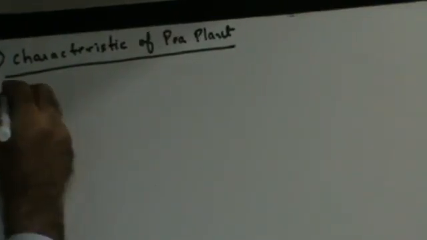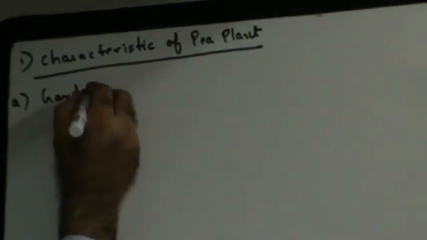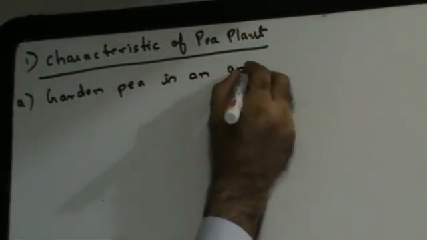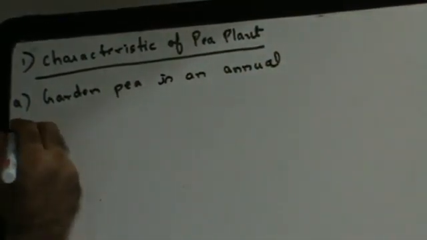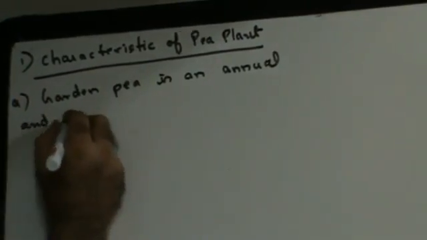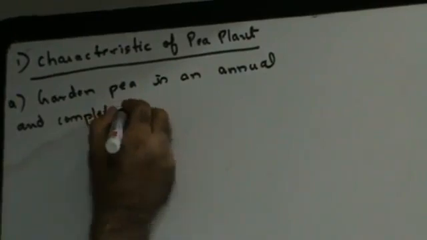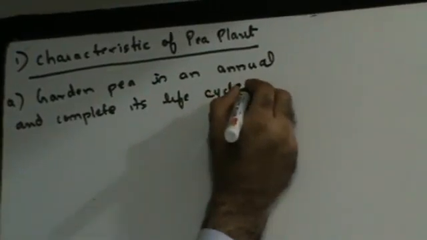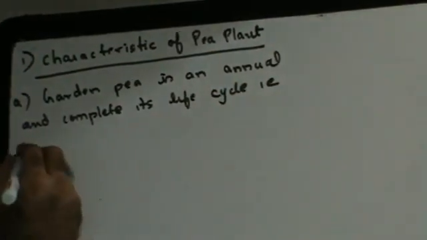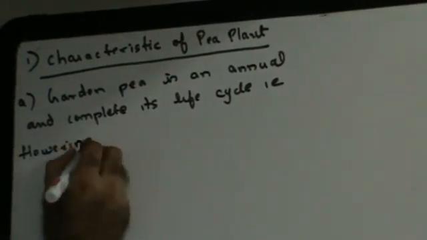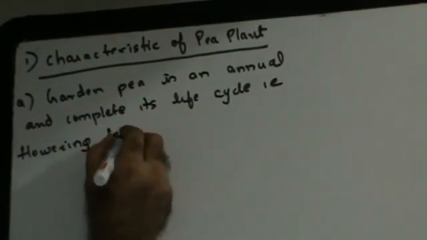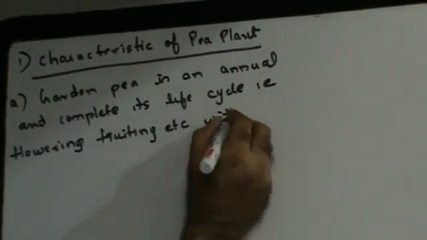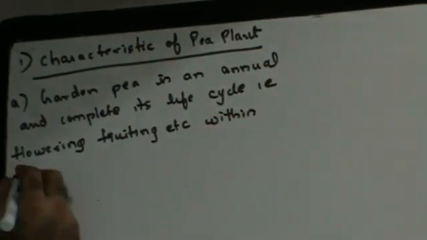Right? So, I can say that garden pea is an annual and completes its life cycle, that is flowering, fruiting, etc. within 3 to 4 months.